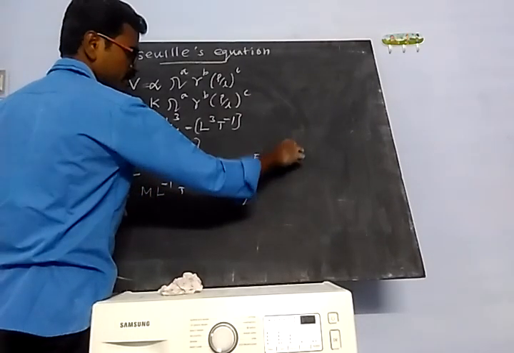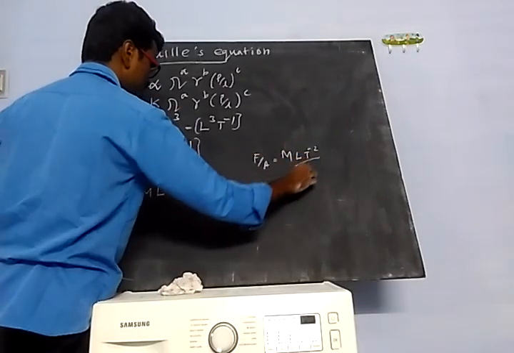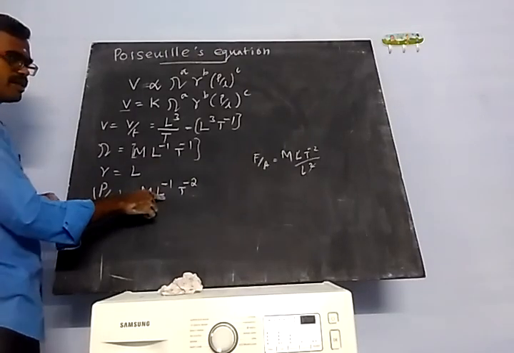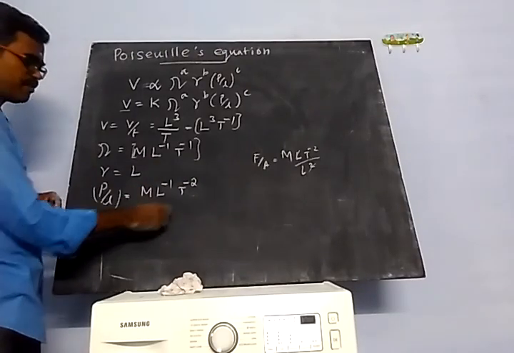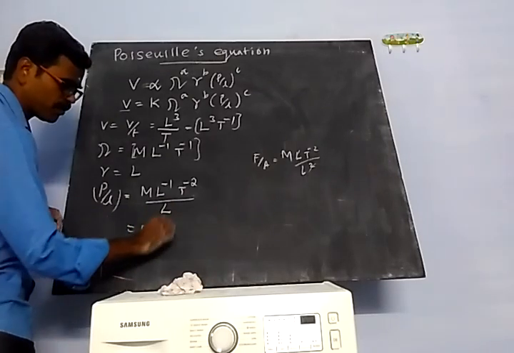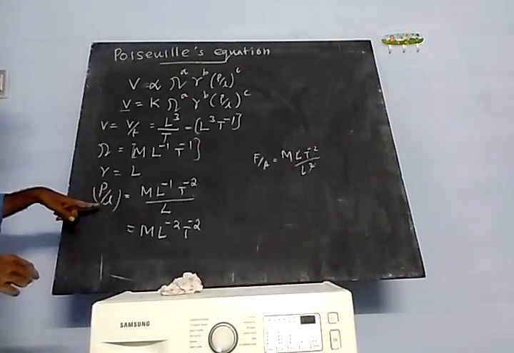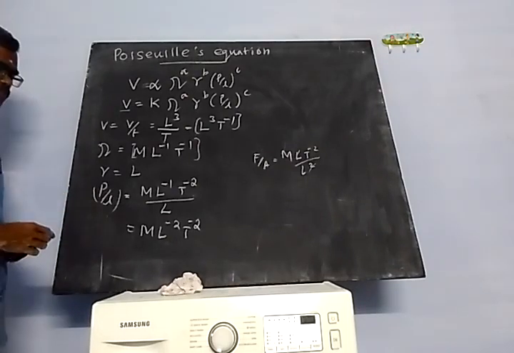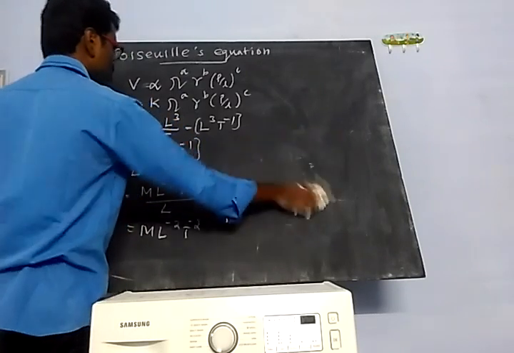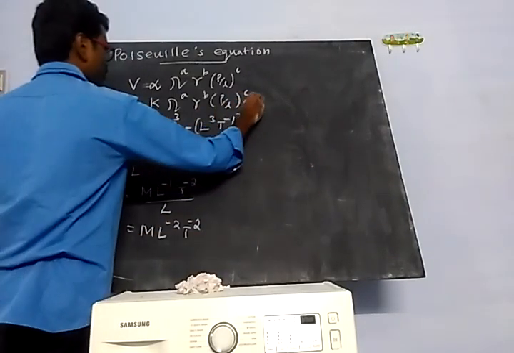Force dimensional formula is M L T^-2 divided by area L squared, L cancels, so you get M L^-1 T^-2. Divided by L, so M L^-2 T^-2. The dimensional formula for pressure gradient is M L^-2 T^-2. Now these are all the dimensional formulas. You can substitute in equation number 1.